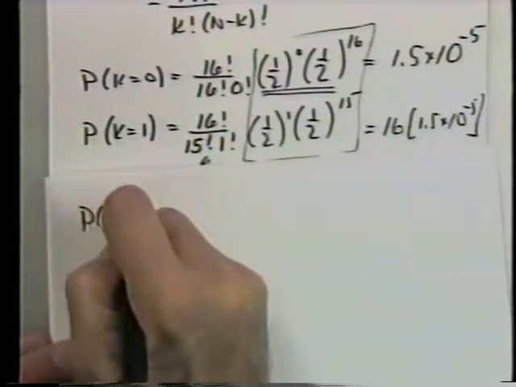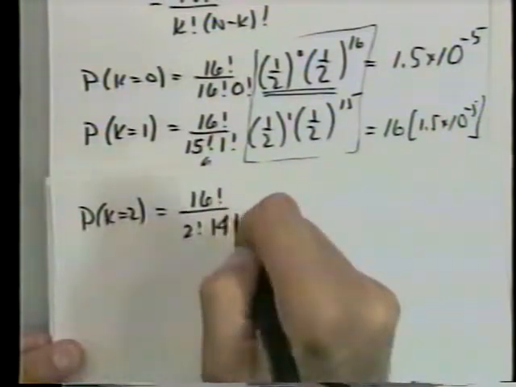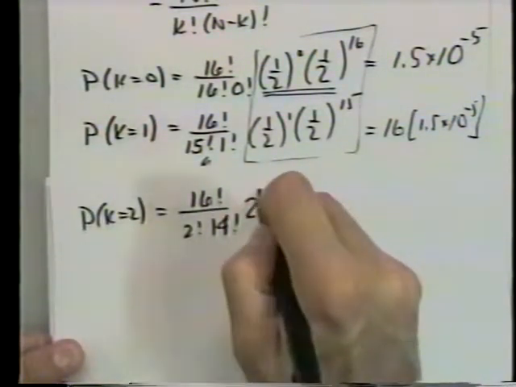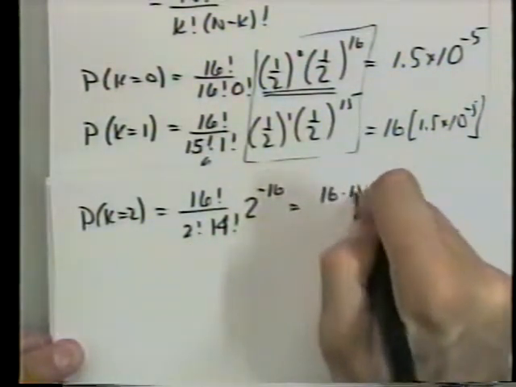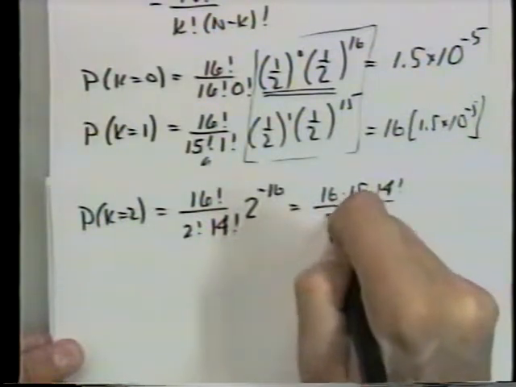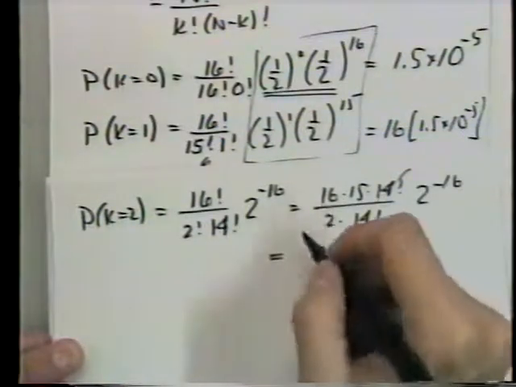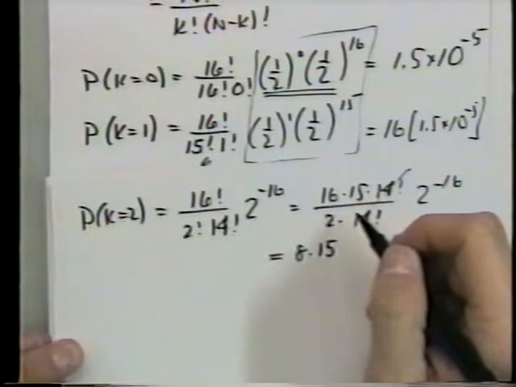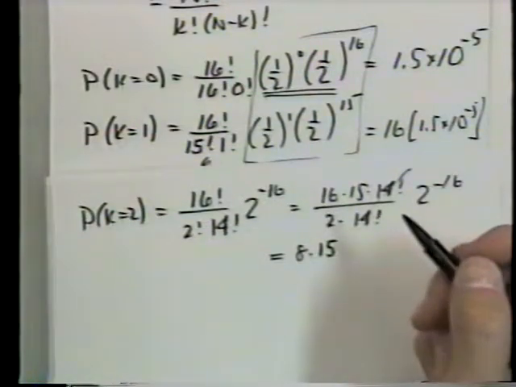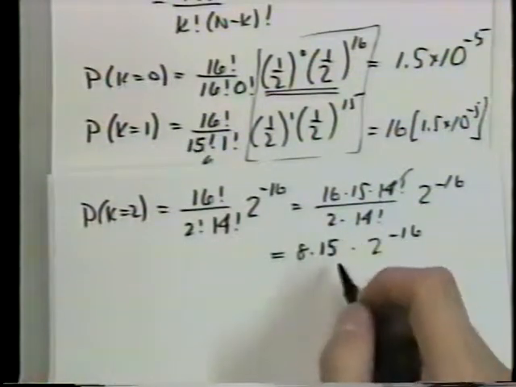And now the probability of 2 is going to be 16 factorial over 2 factorial 14 factorial, times this same 2 to the minus 16th. So that's equal to 16 times 15 times 14 factorial over 2 times 14 factorial, times 2 to the minus 16th, or that's equal to 8 times 15 times 2 to the minus 16th. I did this right, 16 times 15 over 2 should be 120, which it is.